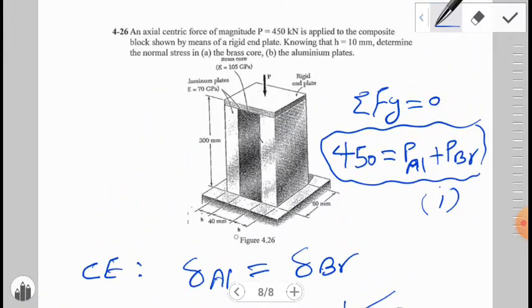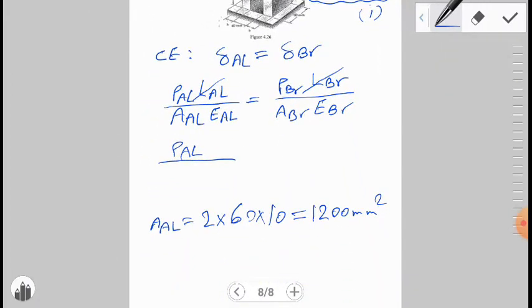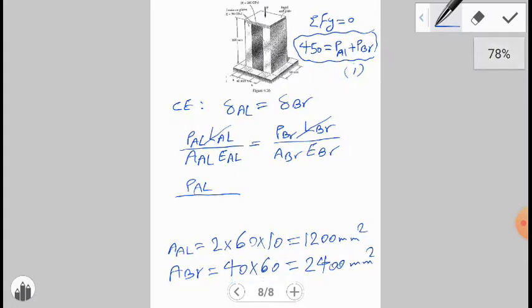Yes, because here this dimension is 10 and the other is 60. We have two aluminium plates here, one and one, and A brass is equal to 40 times 60, which is 2400 millimeter squared.